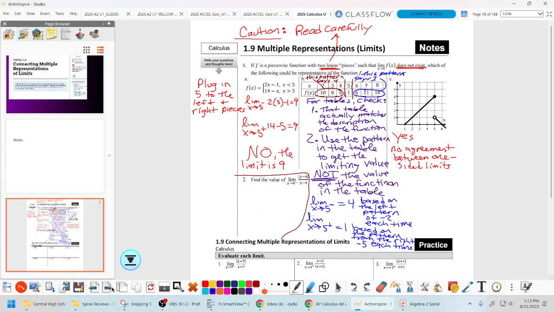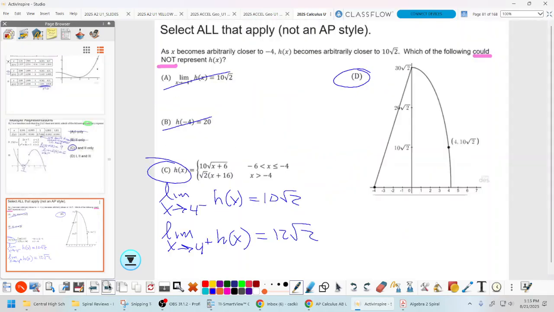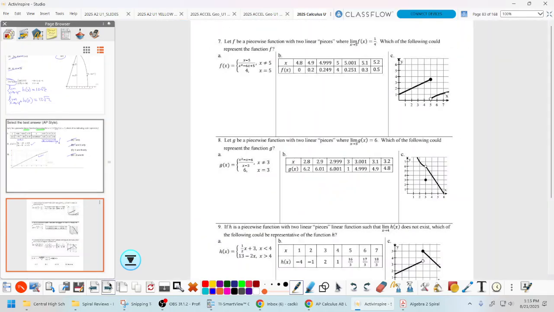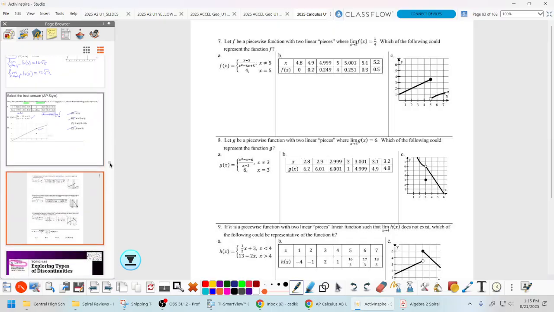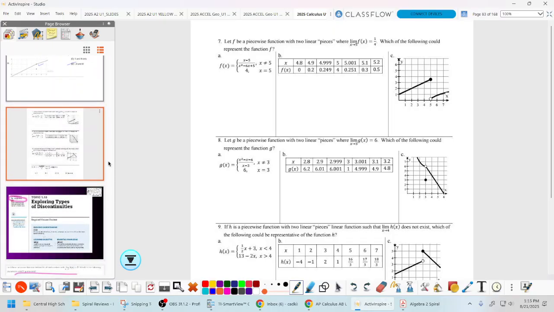The answer key is going to be posted. You can check if you want to do some of the problems. But in this packet, let's go ahead and do some of these. And you'll notice there's no test prep for this. So why don't we just do the odd ones? We'll see if that's enough. You can always do more. So just the odd ones out of section 1-9.